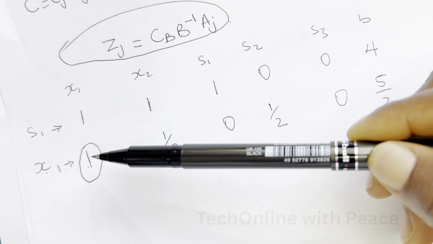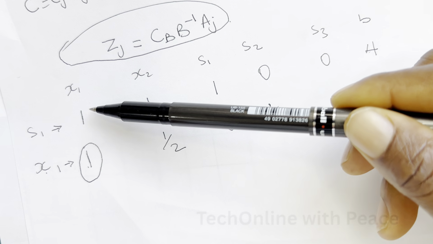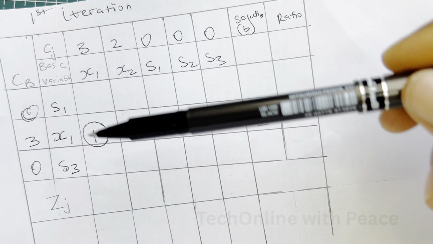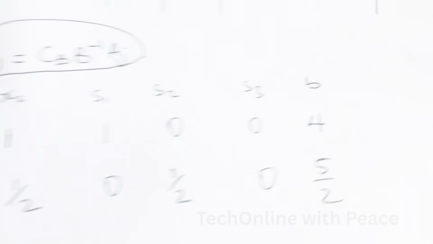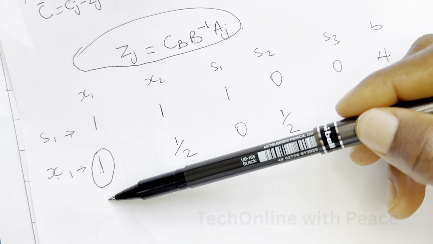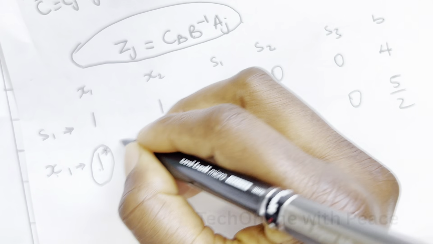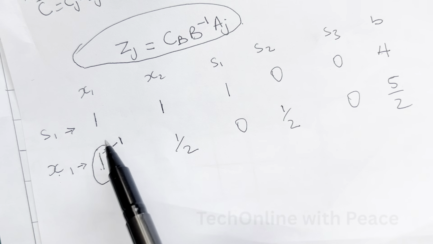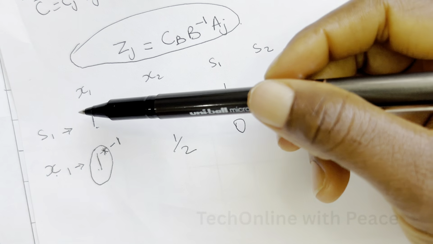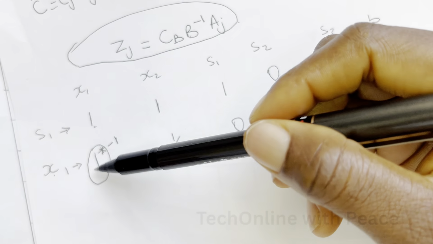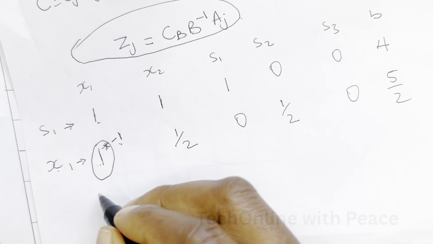The essence of this is to get 0, because the numbers in our key element column, above or below, like here, here, or here, should be 0. So for us to get 0, we need to multiply this times minus 1. That is the adjacent value but with the opposite sign, so that the combination of these two will produce 0. 1 times minus 1 is minus 1. 1 minus 1 gives us 0.